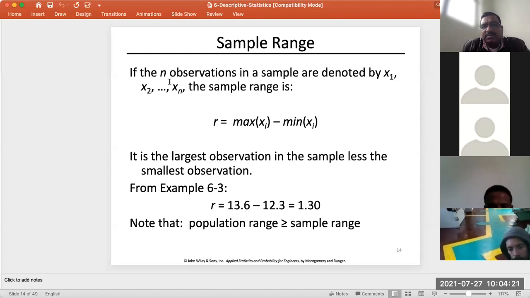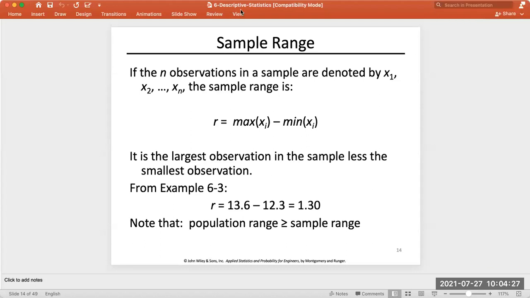So I think we have covered the basics of the statistics, and you know that to represent the spread, we can use different terms, like we have already discussed the variance and the standard deviation.